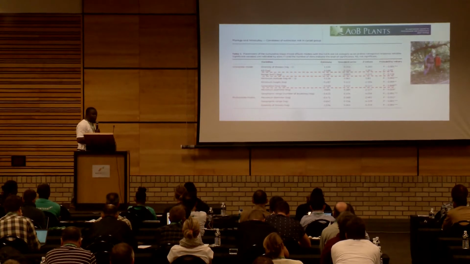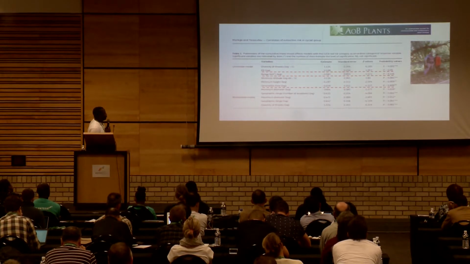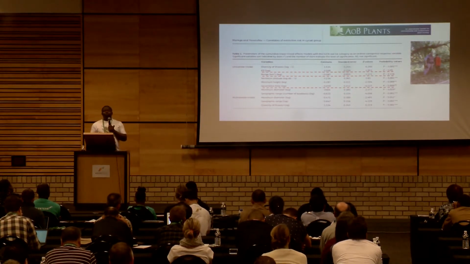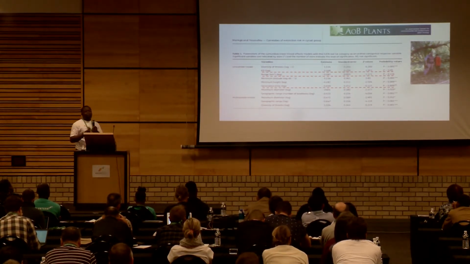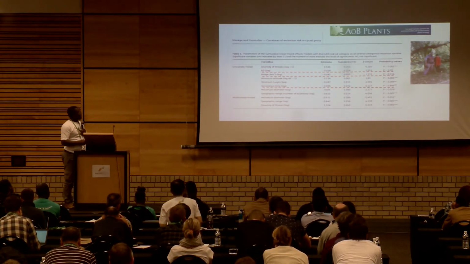And here are some correlates of the extinction risk, and these include the geographic range, the altitude, the maximum height, and the diversity of threat. What we mean by diversity of threat is the total number of threats that a particular species is facing.